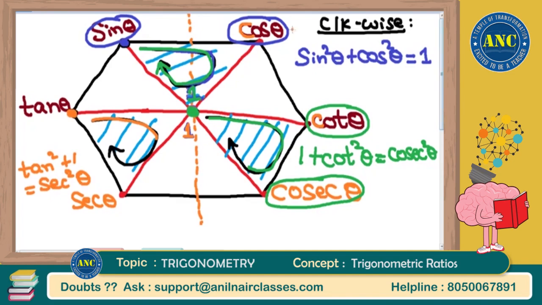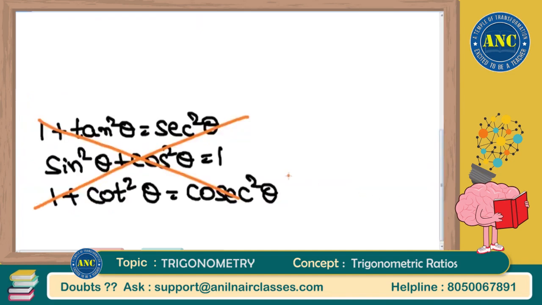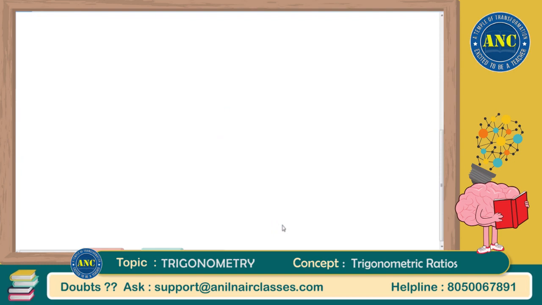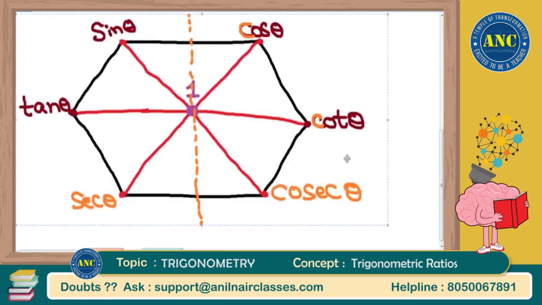Now see here, this is the explanation for clockwise. What if it is anti-clockwise? It is so easy. Once again, there is no difference whether it is clockwise or anti-clockwise. Now I will change the arrow marks of all these three triangles which I marked.